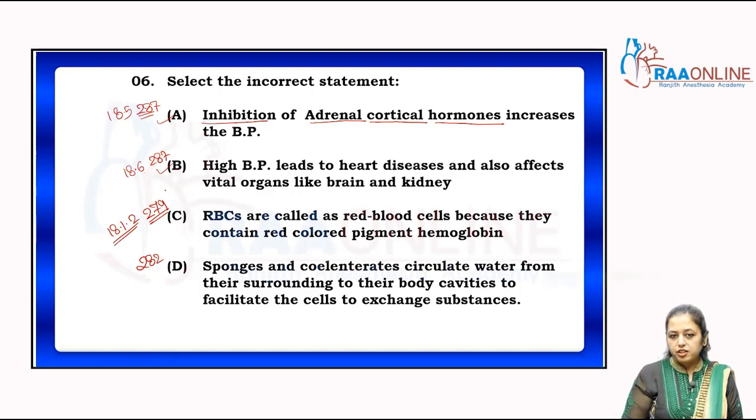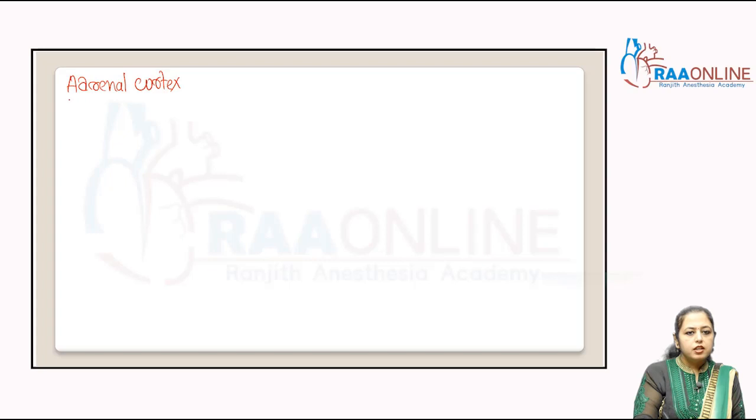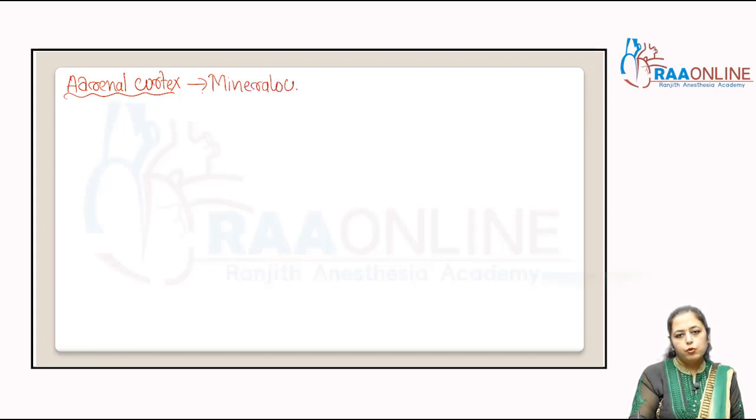As in the first option, he said inhibition of adrenal cortical hormone, and we know that the adrenal cortex secretes three groups of hormones. The first one is the mineralocorticoid, which secretes the aldosterone mainly, right?